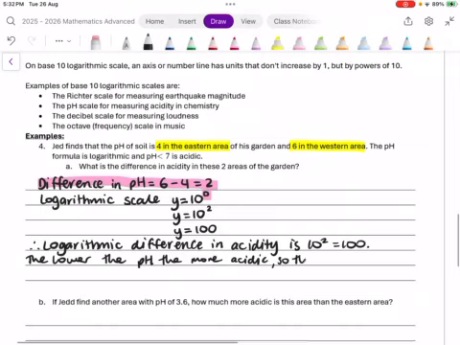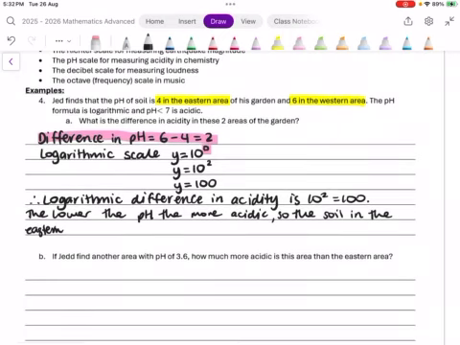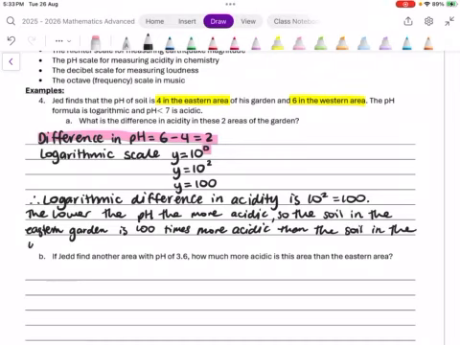So the soil in the eastern garden is 100 times more acidic than the soil in the western garden.